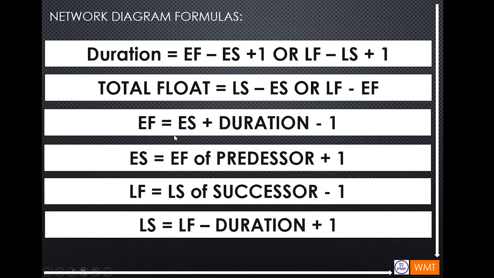Then early finish is equal to early start plus duration minus 1. Then early start is equal to early finish of predecessor plus 1. Then late finish is equal to late start of successor minus 1. And then late start is equal to late finish minus duration plus 1. So please familiarize yourself with these equations. When I say familiarize, I mean it.